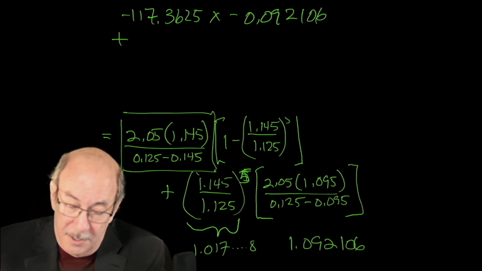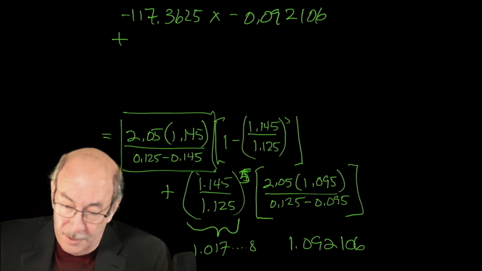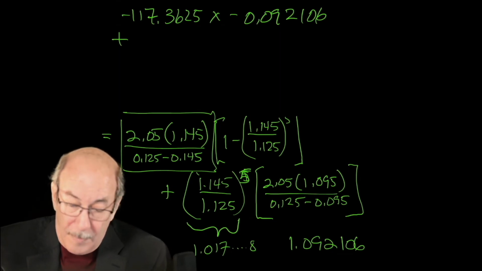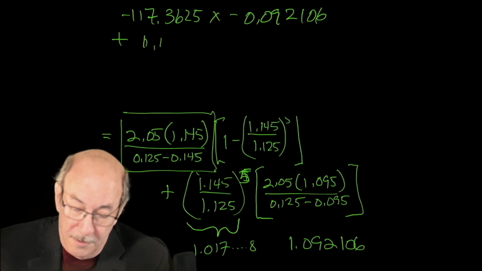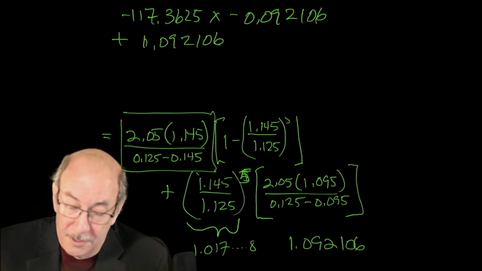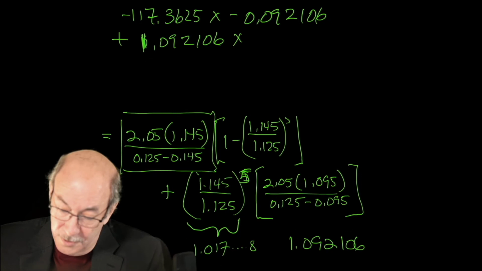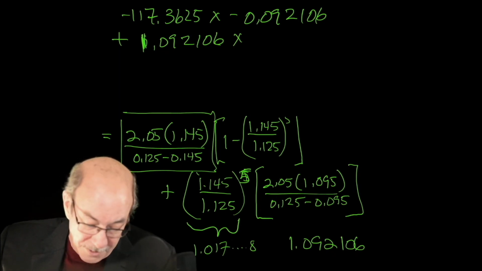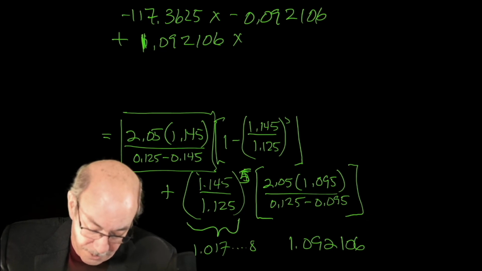Then I'm going to add 1.092106. That's a 1 times, and then I do the other constant perpetual dividend discount model, and that's 0.125 minus 0.095, which is 0.03.